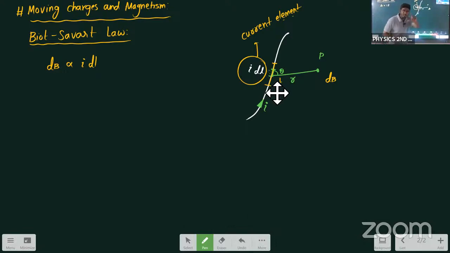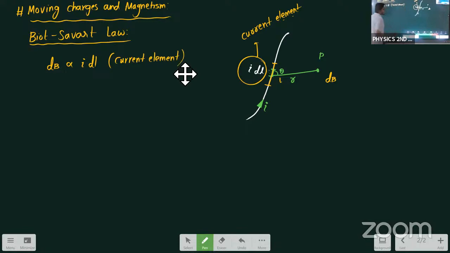If I increase the length element, the number of electrons flowing through it will also increase, and definitely the magnetic field created here will also increase. So that is the reason we have written that the magnetic field induction at point P is directly proportional to what is called the current element.